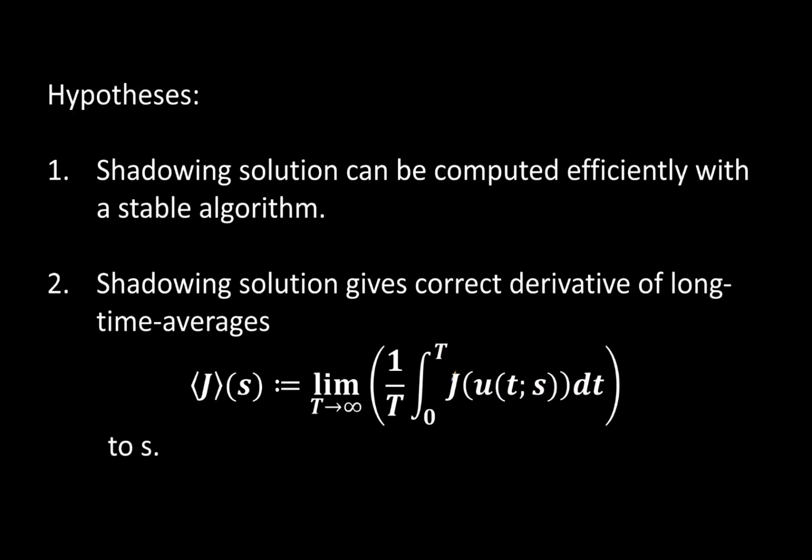If we can compute the shadowing solutions with a stable algorithm, then we can prove in very special cases that if these u of t and s are a set of shadowing solutions, you can take the derivative with respect to s into the limit. This is a special case where you can exchange the limit and derivative and compute the derivative of the long-time average using these shadowing solutions. They still stick to each other. They haven't diverged yet.